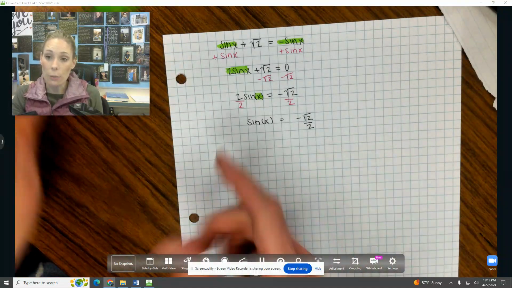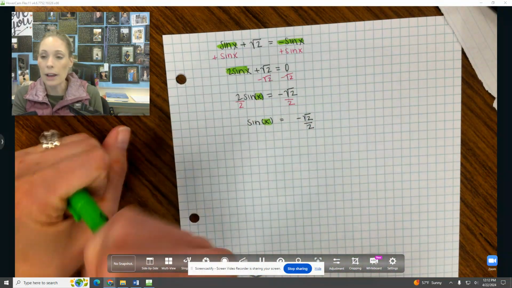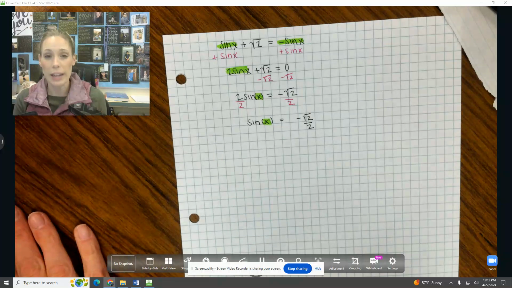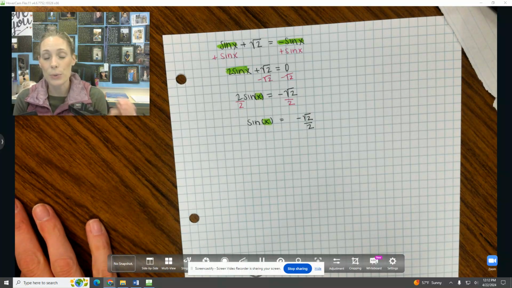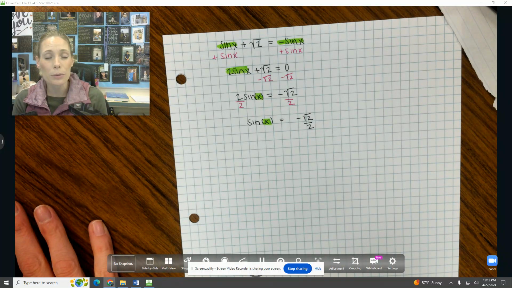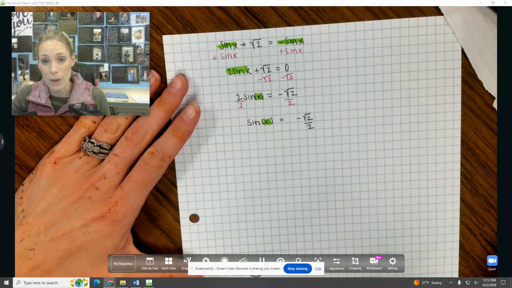So we're almost there. We're trying to get this x alone. Well, when you are undoing a positive, you use a negative. When you're undoing a squared, you use a square root. When you're undoing a cube root, you do a cubic. So how do you undo a sine? All of those things that I just listed were inverse operations.